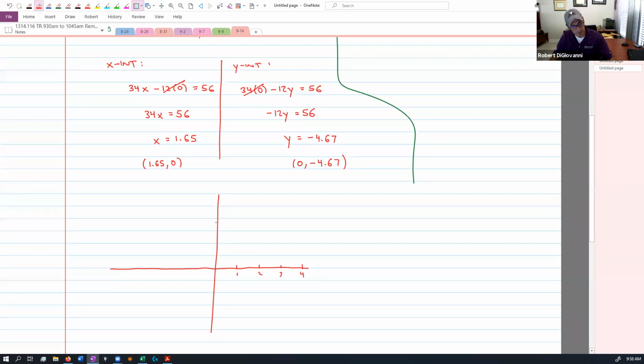Okay, so 1.65, and then negative 4.67. So I'm going to say this is negative 1, 2, 3, 4. Here's negative 5. So I go a little bit past 4.5, somewhere around there. There we go.